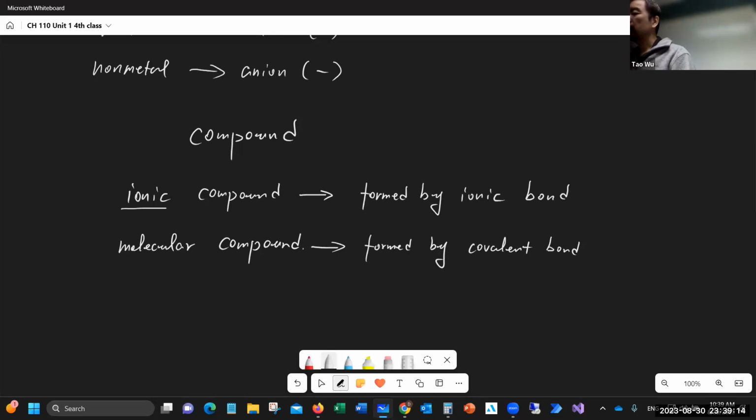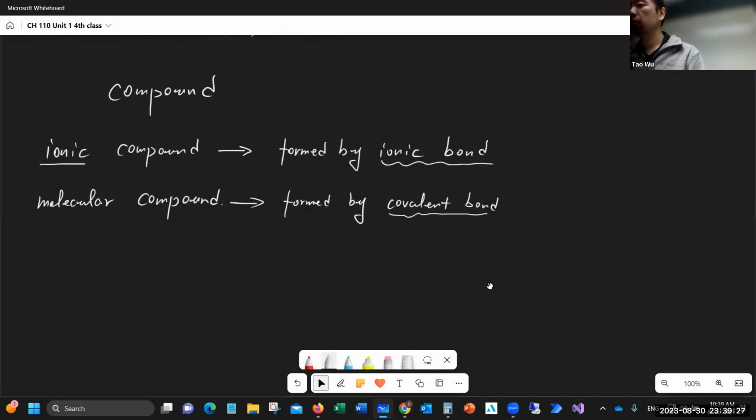Let's just introduce what is the ionic bond and what is a covalent bond. We will talk about them in detail in unit 4, but here I'm just going to introduce the ionic bond. It means they're bonding together by charge, right? For example, if we have sodium ions and chloride ions, sodium is a cation and chloride is an anion.